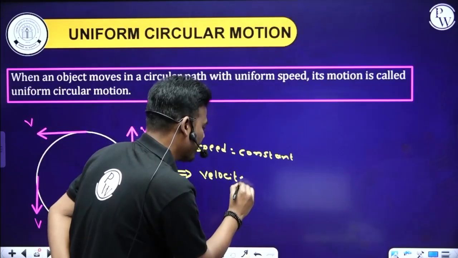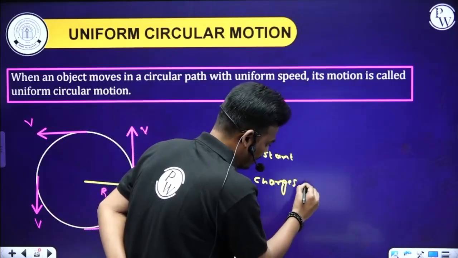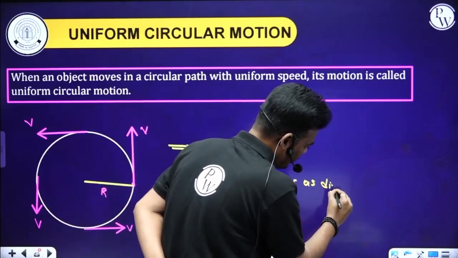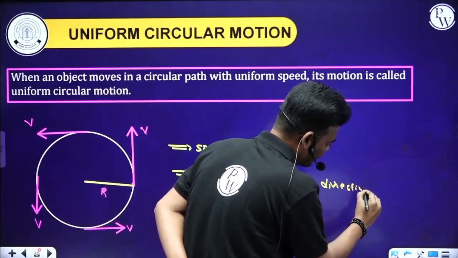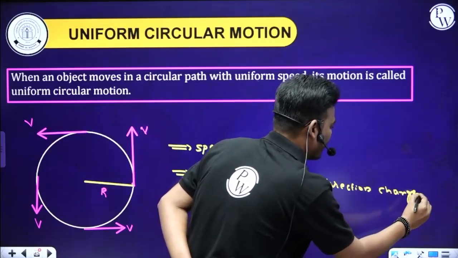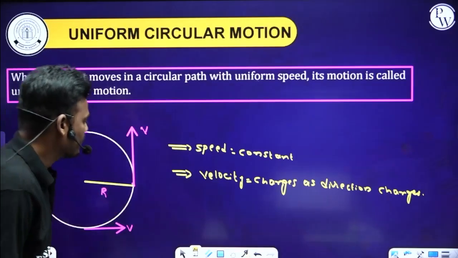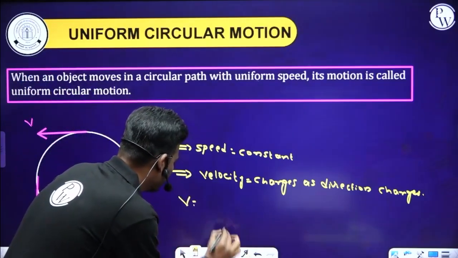Velocity changes as the direction changes.